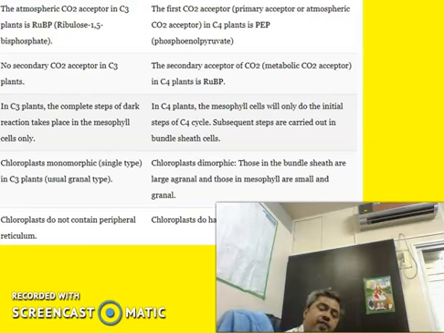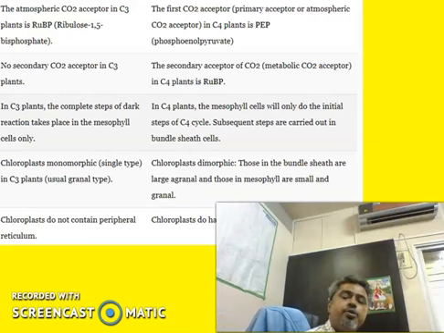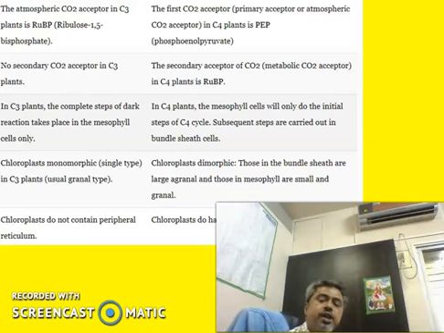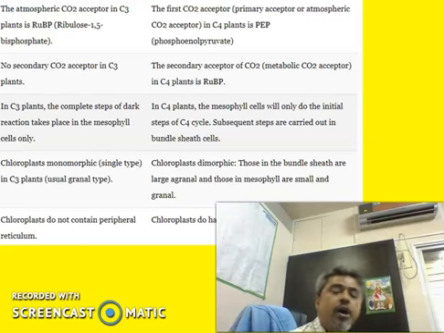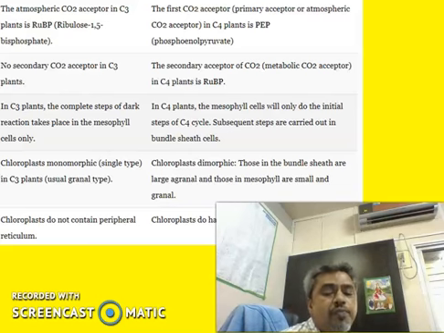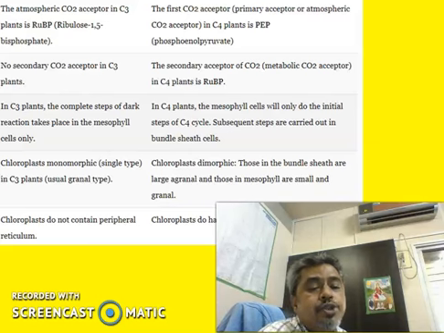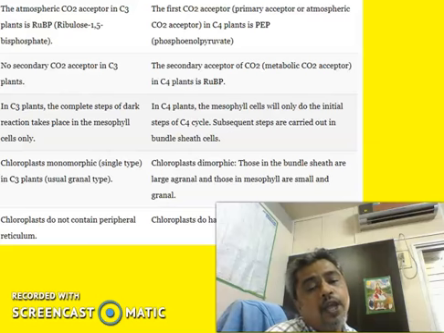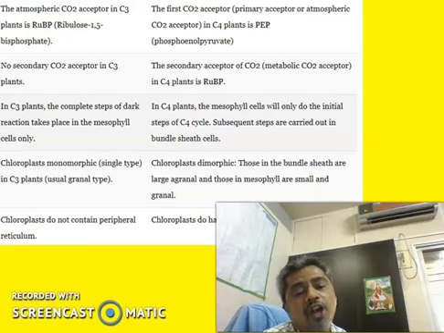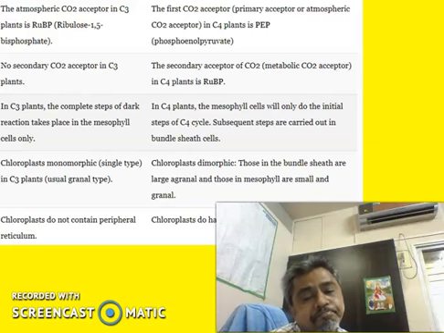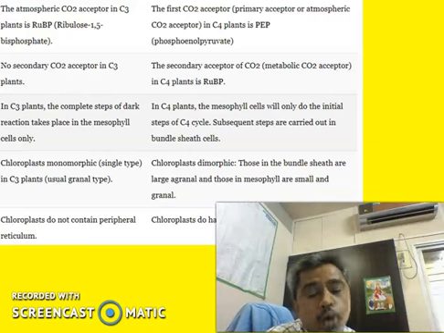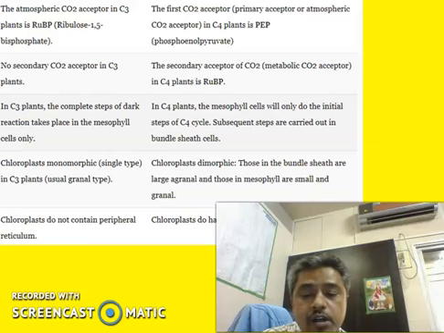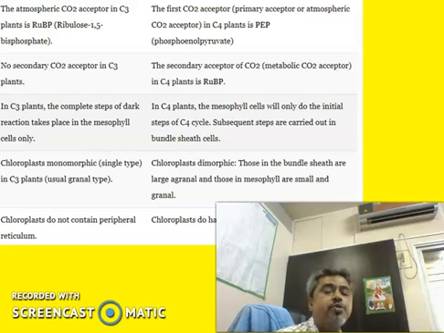Chloroplasts are monomorphic or single type, usually granum type in C3. Here they are dimorphic in C4: those in the bundle sheath are large and agranal, and those in mesophyll are small with grana. Chloroplasts do not contain a peripheral reticulum in C3 plants, whereas in C4 the chloroplasts do have a peripheral reticulum.